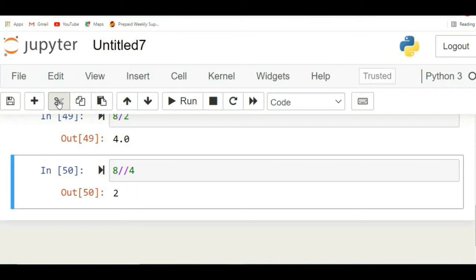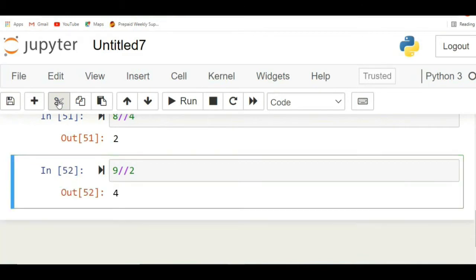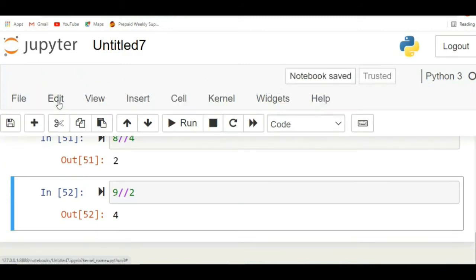Double slash means that 4 2s are 8, so 2 is the quotient. And similarly, 9 double slash 2, our quotient should be 4. Yes, it is 4, because 2 4s are 8, 4 is the quotient, 1 is the remainder. And for remainder, we will write a different keyboard symbol. So double slash is actually about quotient.